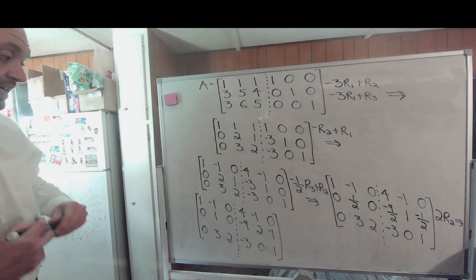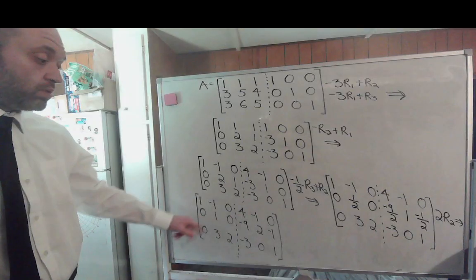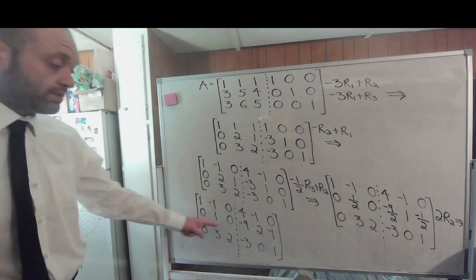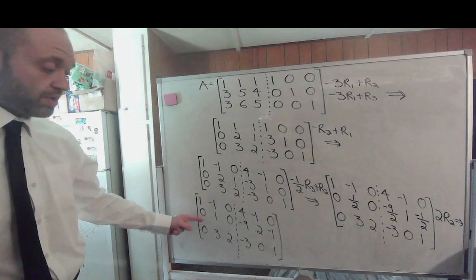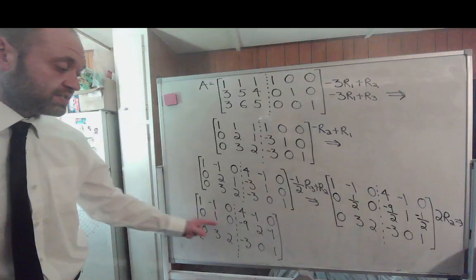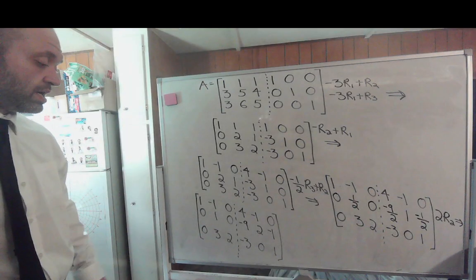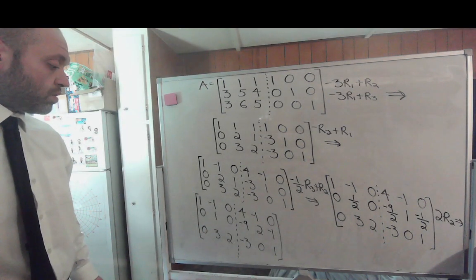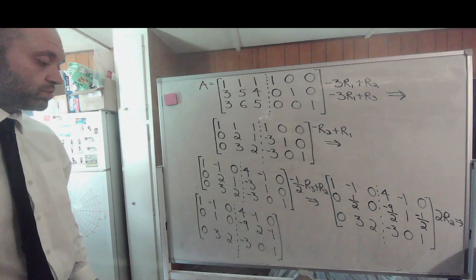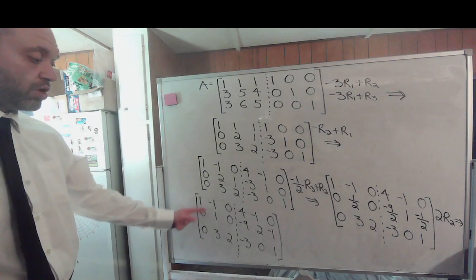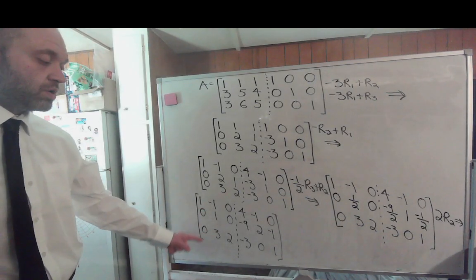Well, I got the leading digit in row 2 to be a 1. I also have all other entries in row 2 as a 0, so that's good. What I would suggest next is a couple things. We should make the second digits in rows 1 and 3 a 0.